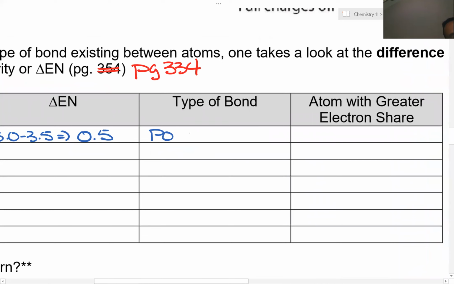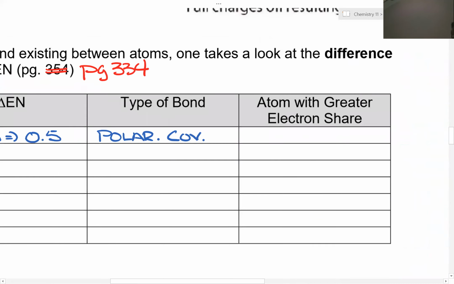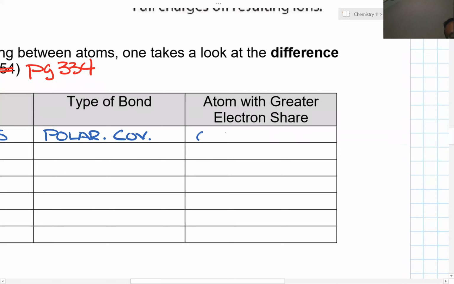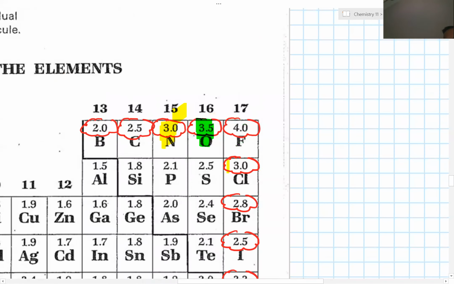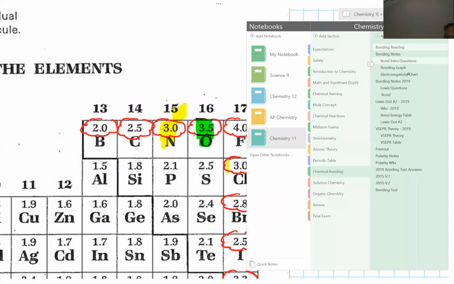I'll call it polar C, polar covalent. And the atom with a greater electron share, in this case, would be oxygen. Why would it be oxygen? Because oxygen has a greater electronegativity compared to nitrogen. As a result, in the sort of electron tug of war, it will get the electrons more.